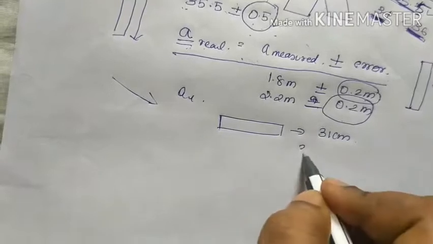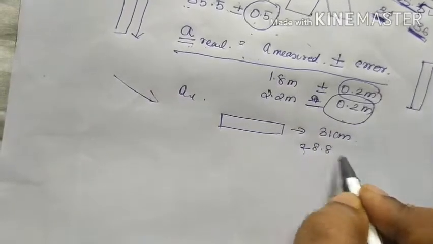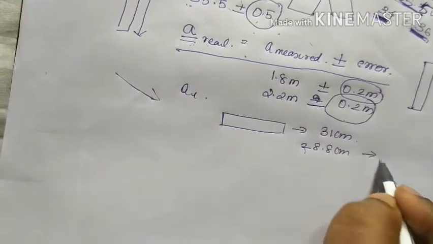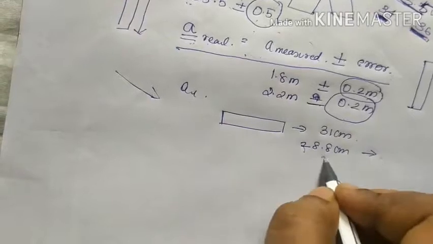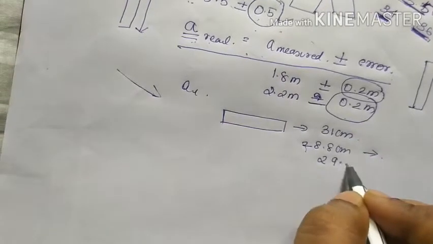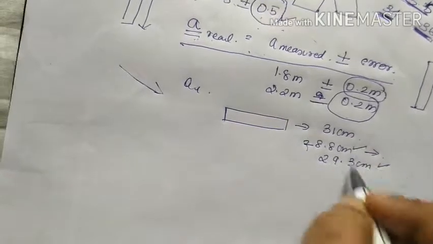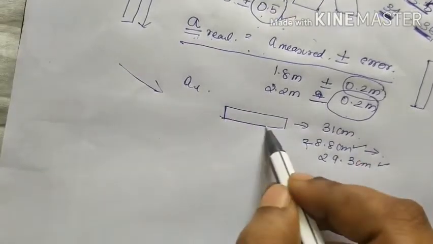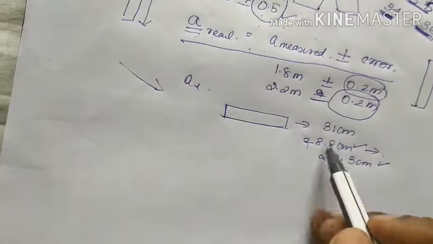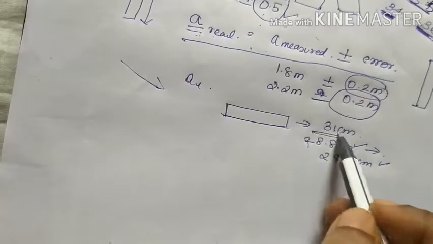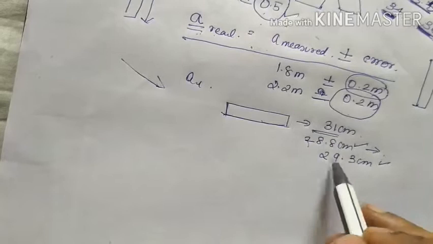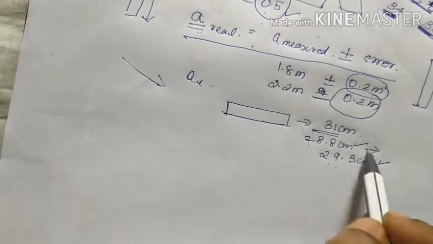I'm just giving an idea: you might measure 28 centimeters, another person might measure 29 or 29.3 centimeters. So there happens a mistake in the calculation while measuring this pen. This 31 centimeters is the true value of the pen, and these two values are the measured values with some errors.